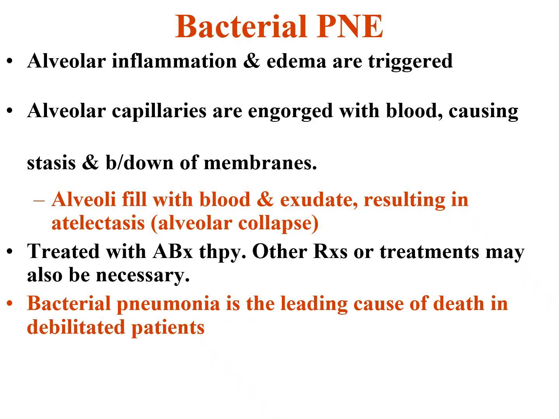Now remember, we are counting on that entire tennis court surface area. But when atelectasis occurs and the alveoli wind up collapsing, we don't have that entire surface area anymore for gas exchange to take place.